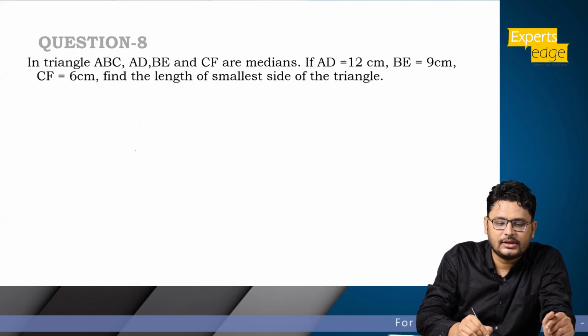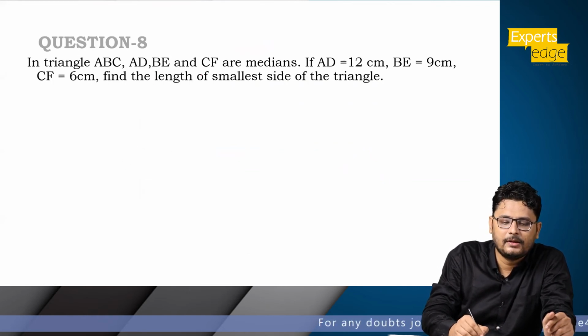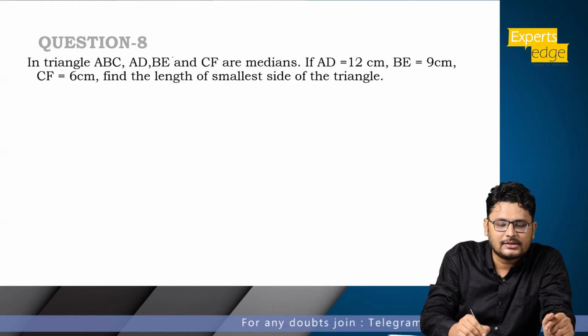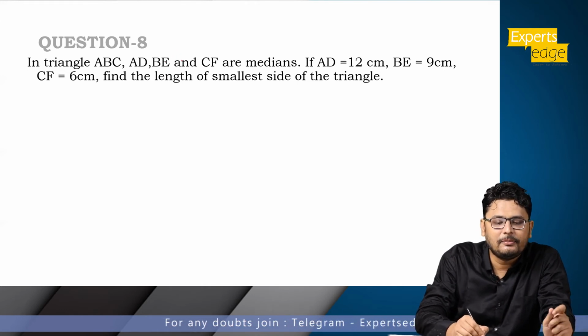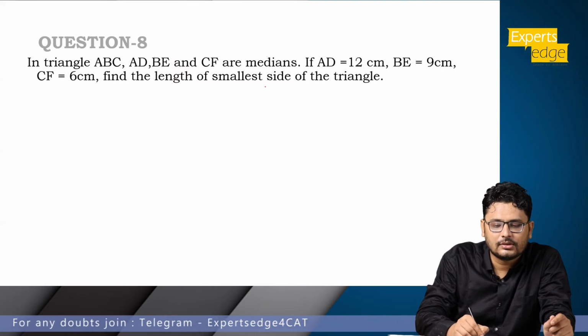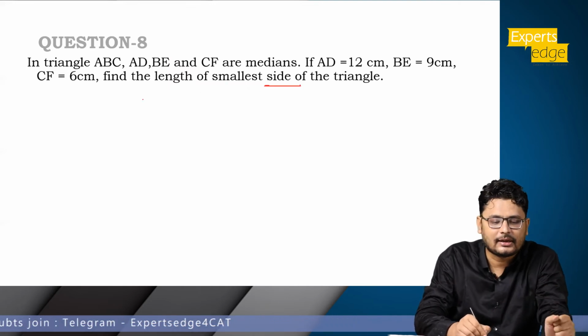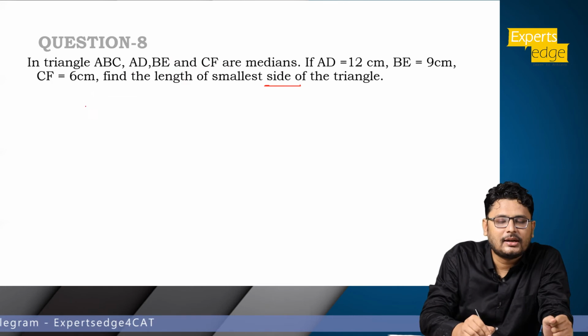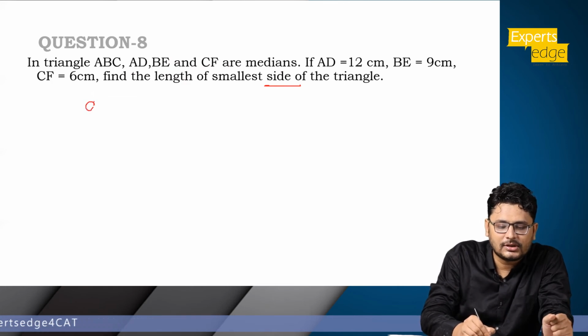okay, so if you see this, AD, BE and CF are given, nothing but the lengths of the medians, right? So find the length of the smallest side of the triangle. Do you remember that formula? When the medians are given, what was the formula for the side? Let me write it.